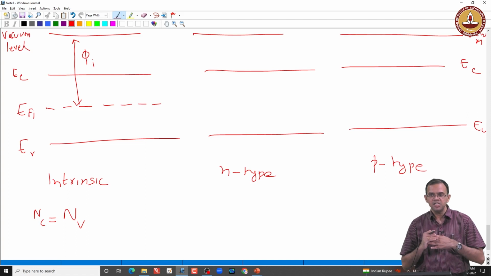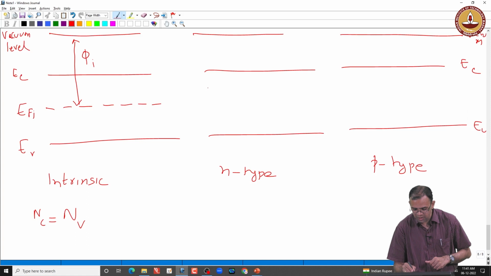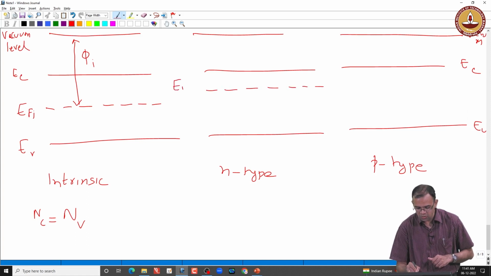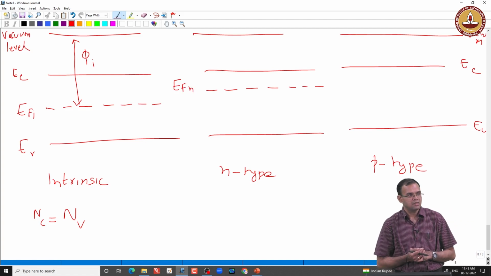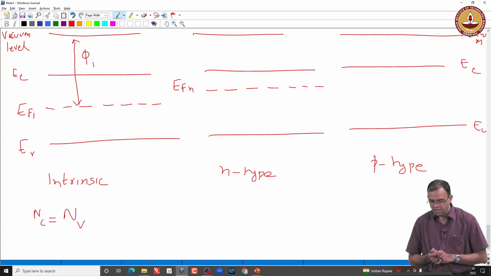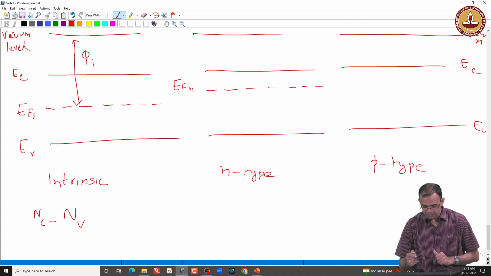The Fermi level shifts up. That's what Professor Celso had also mentioned. This Fermi level shifts up so that it is closer to the conduction band of the material. So this is EFN. Now I can again define a work function, that is phi n.